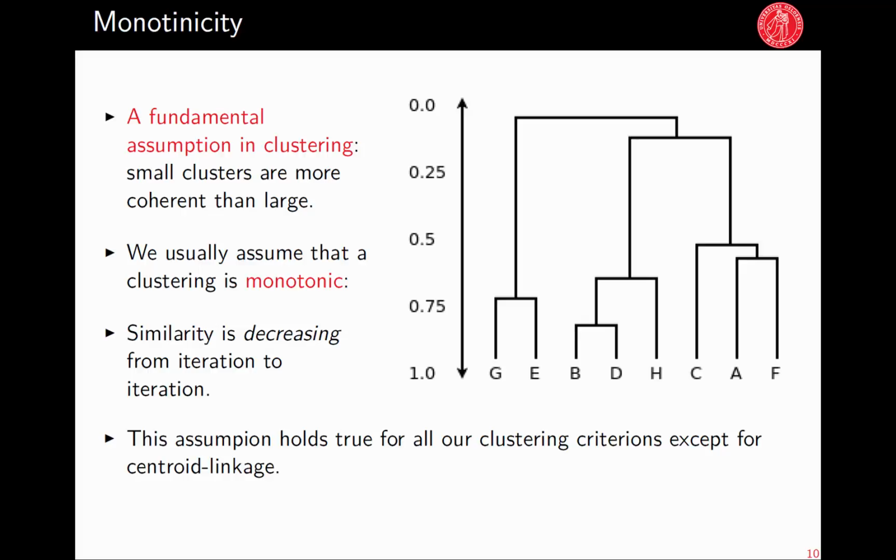You would expect intuitively that a large cluster is more general and more loose. And we usually assume that a given clustering method is monotonic. What that means is that the similarity is decreasing in each iteration. So the coherency of our clusters will decline as we keep merging more and more clusters.